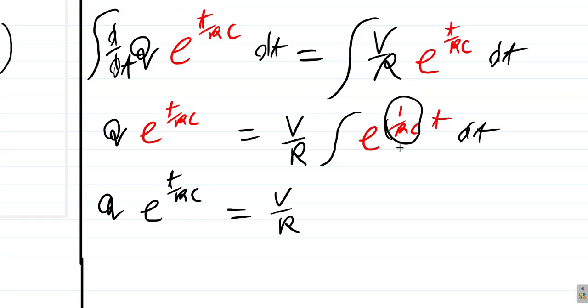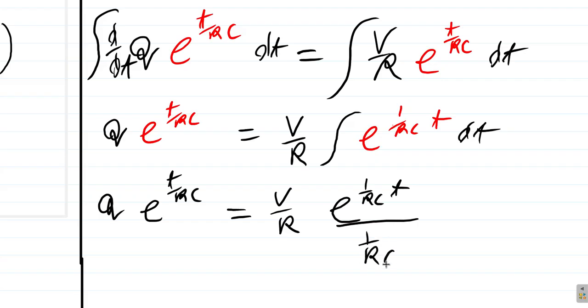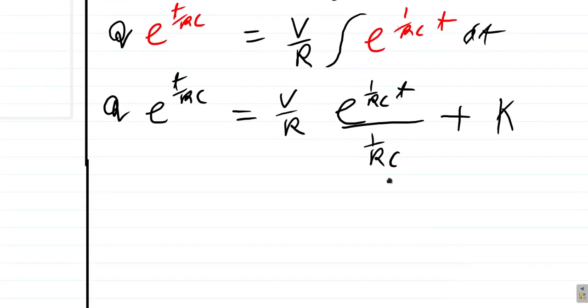So this part is a constant times t. So what you have is e to the 1 over rc times t divided by 1 over rc. You divide by the constant, and then plus your constant of integration. C is already being used to represent capacitance, so let's use K for our constant. We don't want to mix up the two C's. So that's what we have.